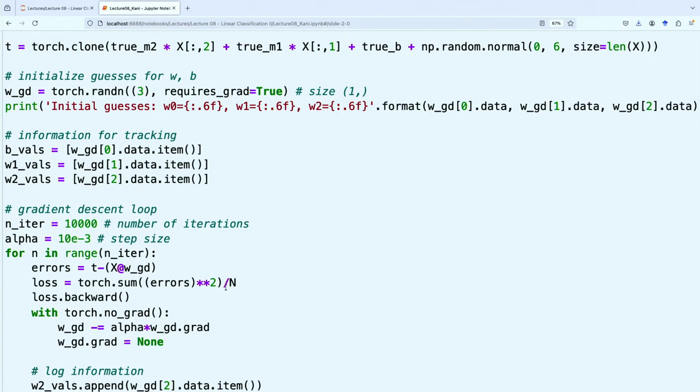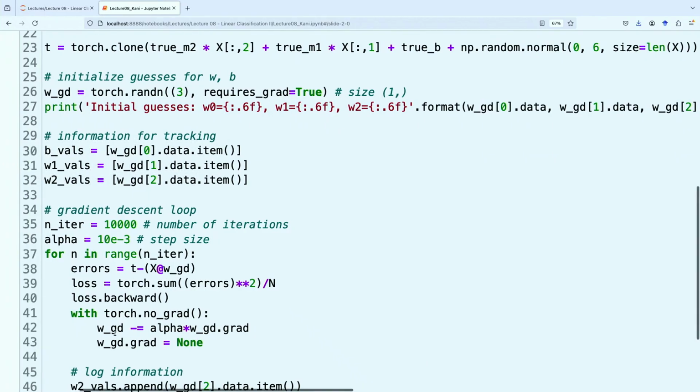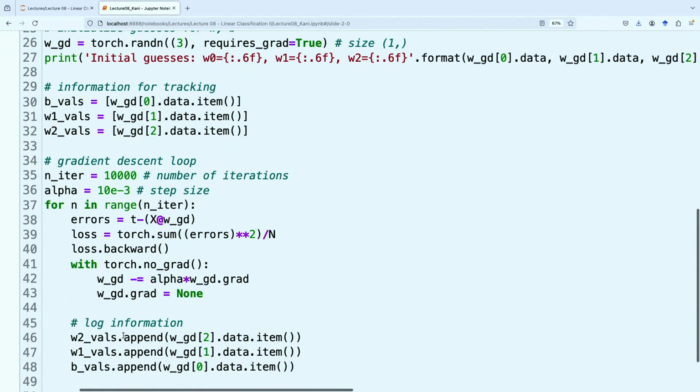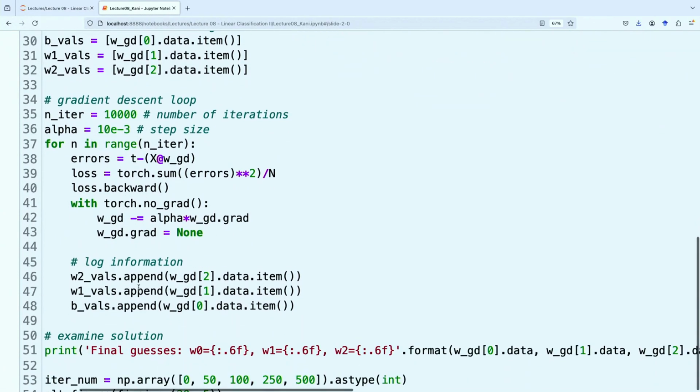Then we do the mean squared loss, and then we propagate the gradient backwards. Then we modify the parameters by some learning rate. Again, we're using very simple standard gradient descent. We're clearing the gradients there, and then we log the information.